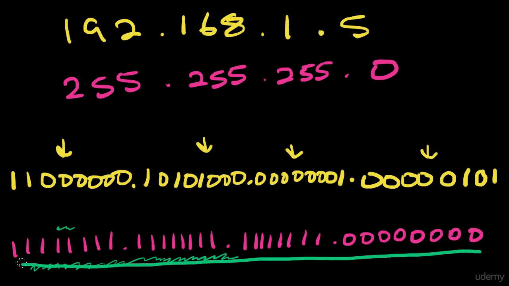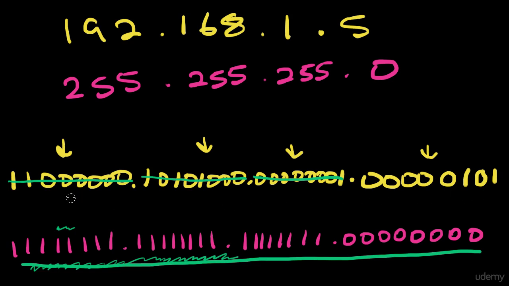If we could imagine that this picket fence were superimposed onto this IP address, these 8 ones would cover these 8 bits, these 8 ones would cover these 8 bits, and these 8 ones would cover these 8 bits. And this part of the fence that's been kicked down would be left uncovered.